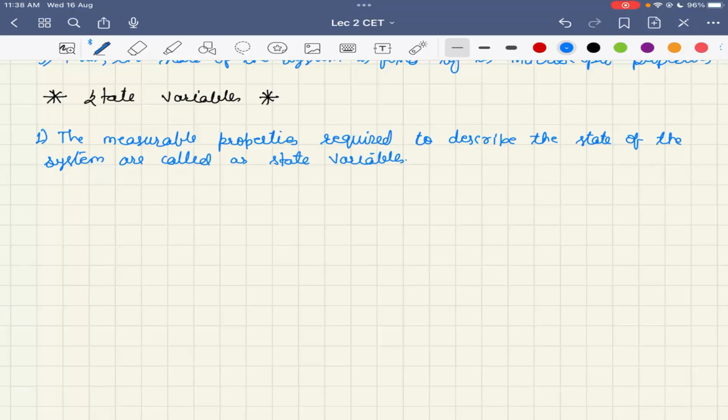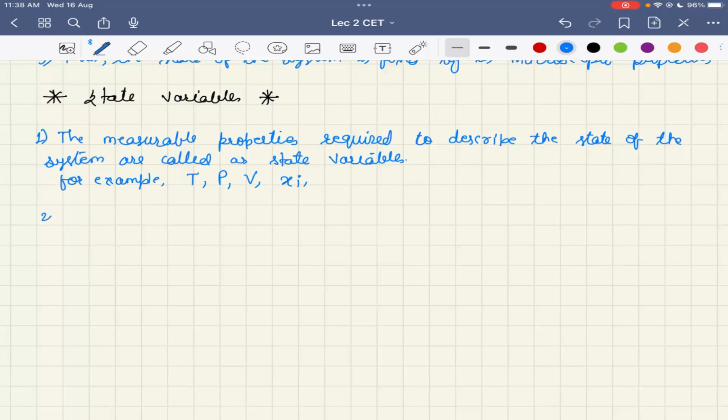For example, we have temperature, pressure, volume or composition. These are the state properties of the system. It may be noted that for describing a system, it is not necessary to specify all the values of the state variables, right? This is very important.